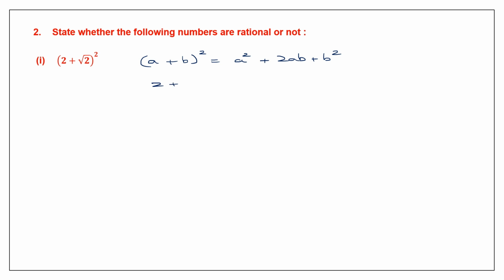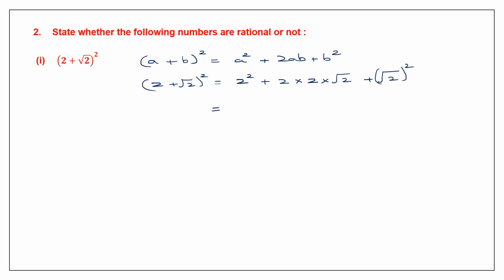So (2 plus root 2) the whole square will be a square, that is 2 square, plus 2 into a, which is 2, into b, which is root 2, plus b square, that is (root 2) the whole square.